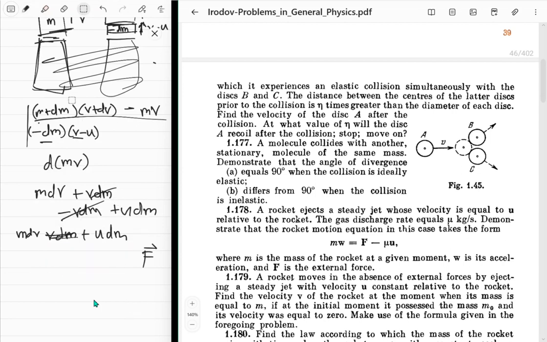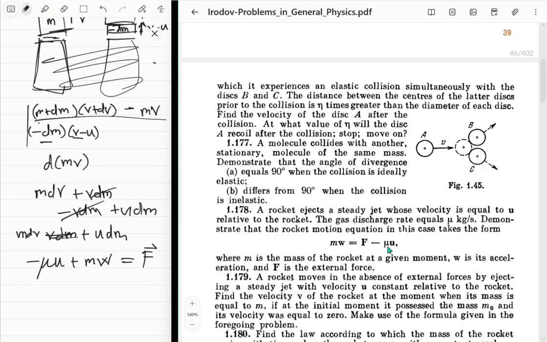So this upon dt would actually give us u dm upon dt, which will say, negative mu times u. Both of these are different things, though they look similar. Plus m times w, where w is dv upon dt, the acceleration. That should be equal to F.